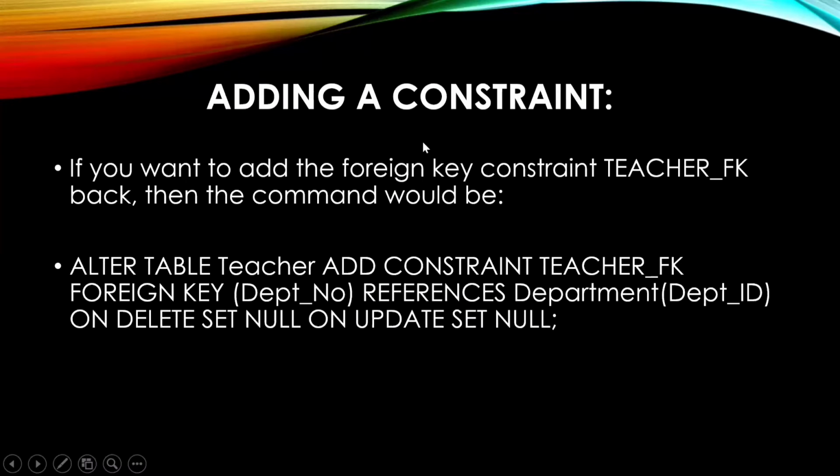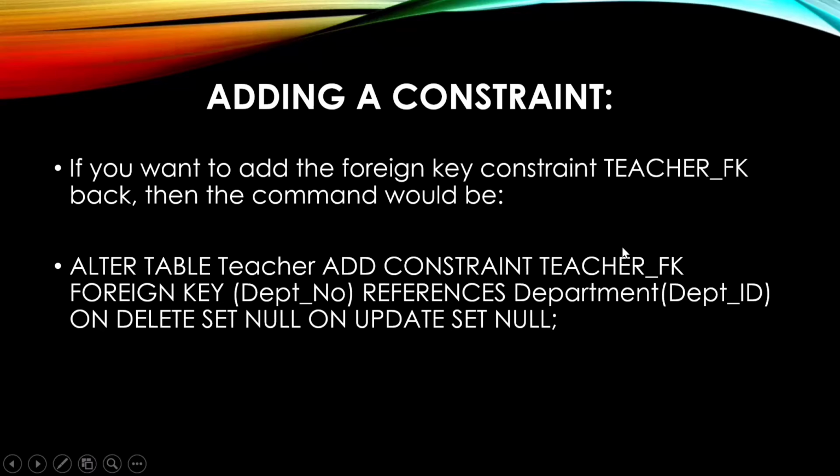Next, let us see adding a constraint. If you want to add a constraint, for example the foreign key constraint teacher FK, the command would be alter table teacher, table name, add. What do you add? Constraint.